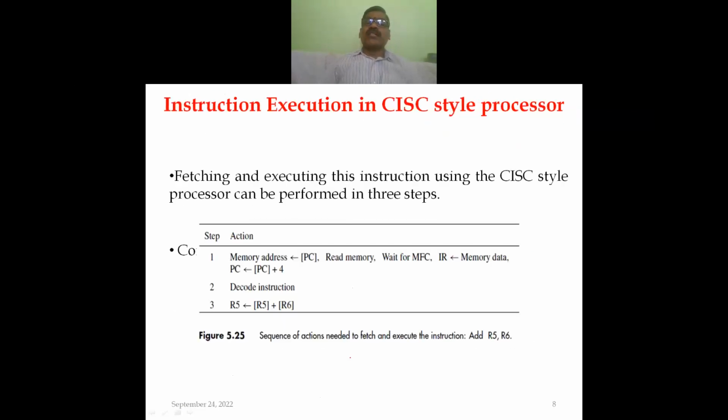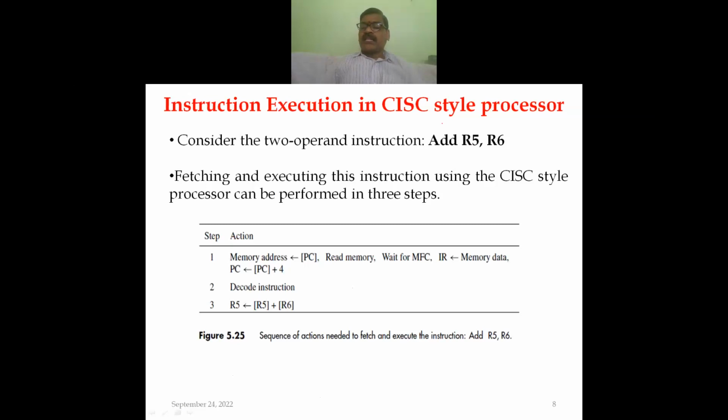So let us consider a two operand instruction and how it is executed in the CISC style processor, because CISC style processors may not use the same 5-stage organization for fetching, decoding and execution of the instruction. Some instructions require more steps for execution.